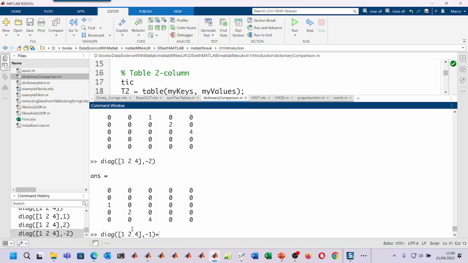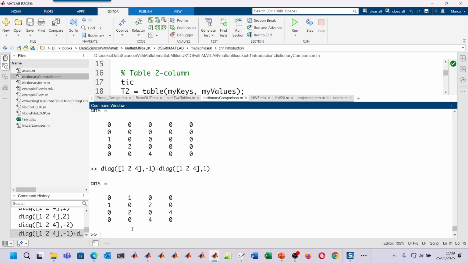So, for example, what is this syntax going to create? That 1, 2, 4 here is created both in the diagonal above the main diagonal and in the diagonal below the main one, right?